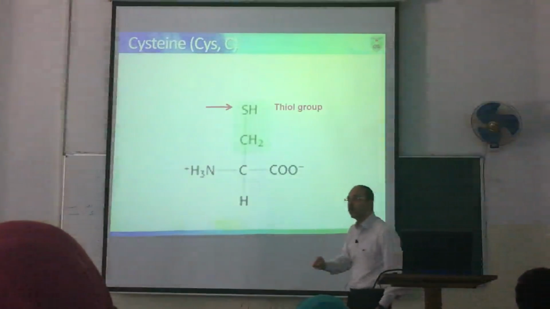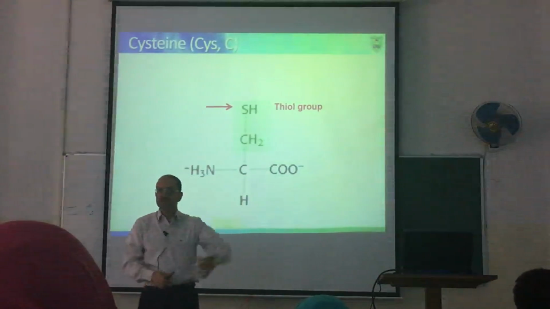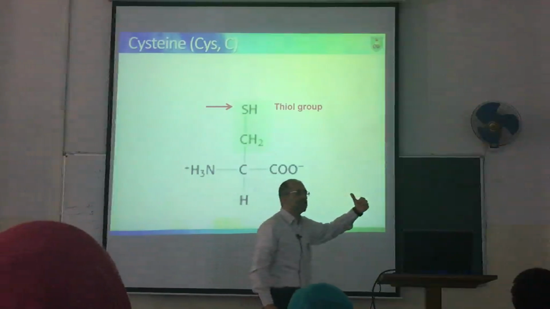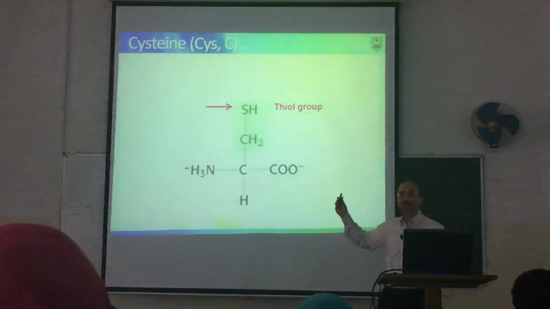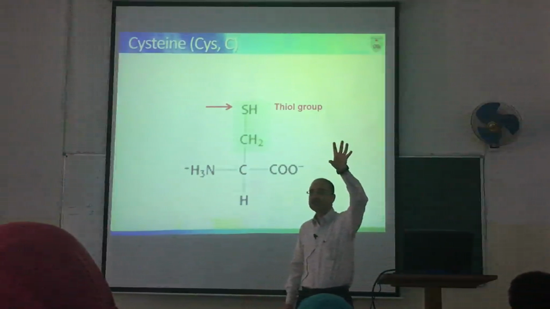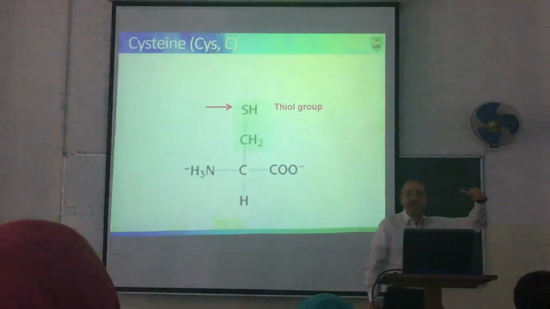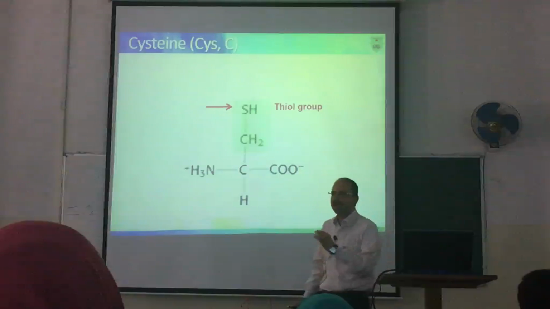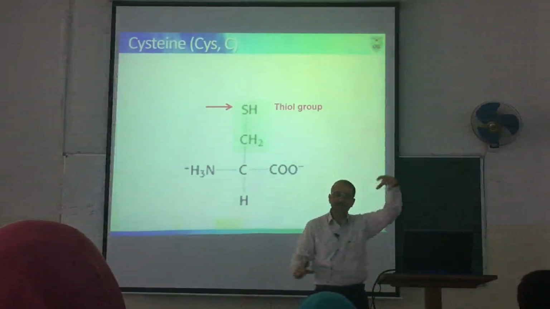We said methionine is one of two amino acids having sulfur. That's the second one: cysteine, abbreviation Cys, C-Y-S. The group here is a thiol group. It's terminal, and this makes the molecule reactive. Methionine is not reactive like cysteine is, and cysteine plays a very important role in protein structure, because the sulfur is reactive.